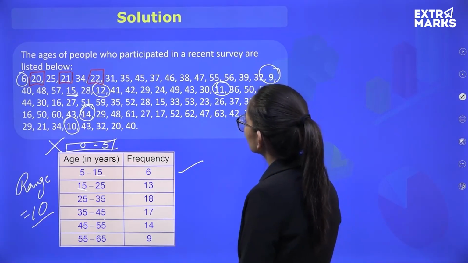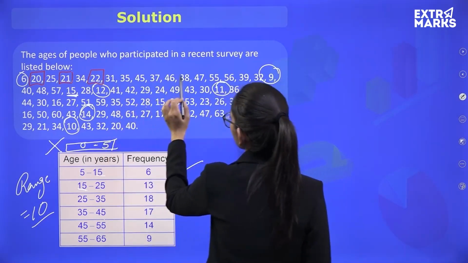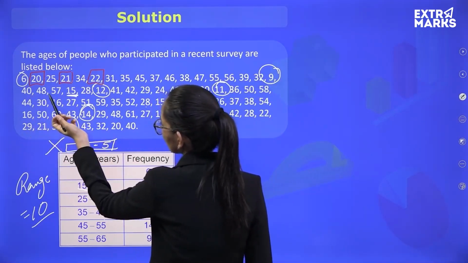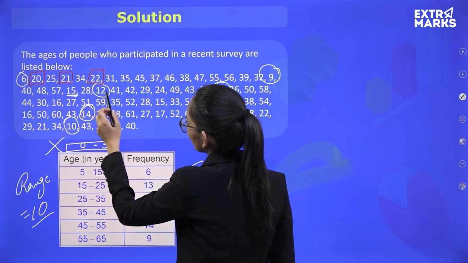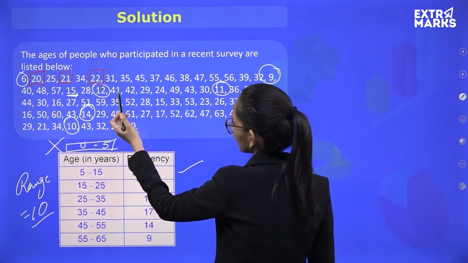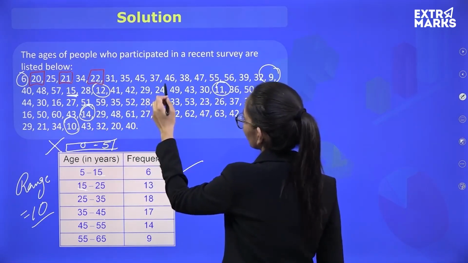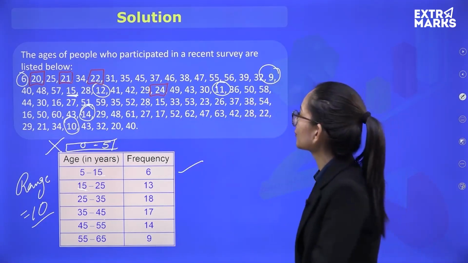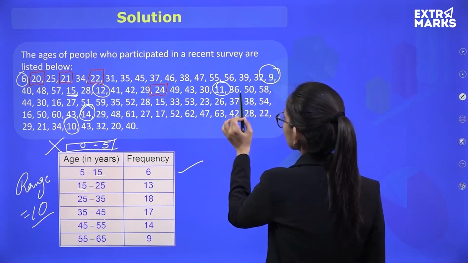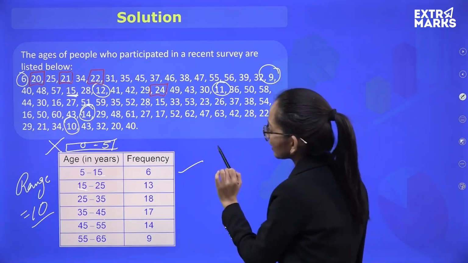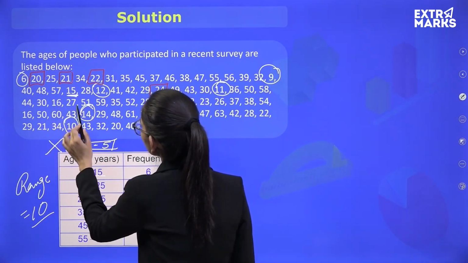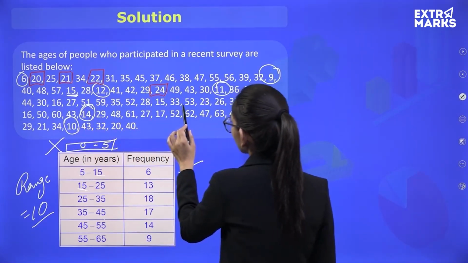Then not 55, not 32, not 40, not 48. Then which one will come? Not 28, not 29. Yes, now 24 will come. After that, what is the next number which I can consider in the age group 15 to 25? Not 28.